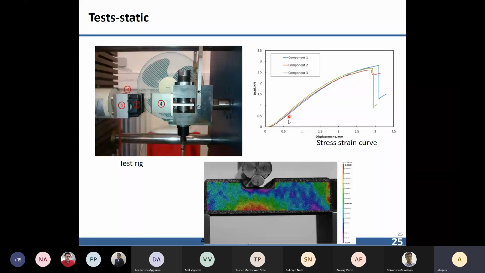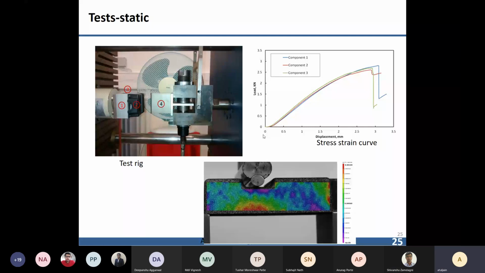Okay, these lines that you see. Can anybody tell me why the slope of the curve is very, very small at the beginning? Did you do a bending test as a part of your undergrad studies? Yes, sir.